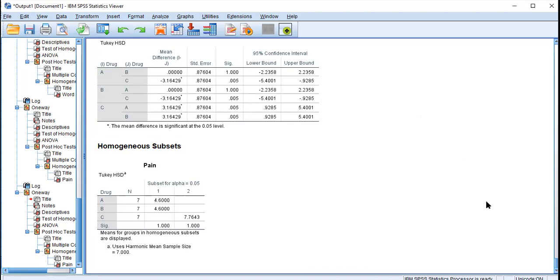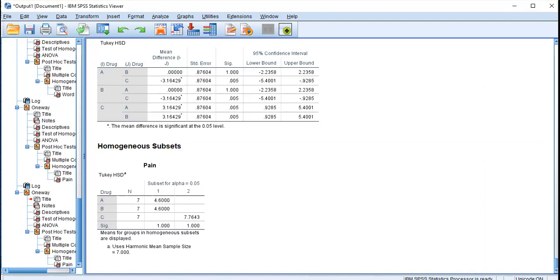If you look at drug A and B, the pain level which has gone down is the same, whereas in case of C, the pain is still higher.